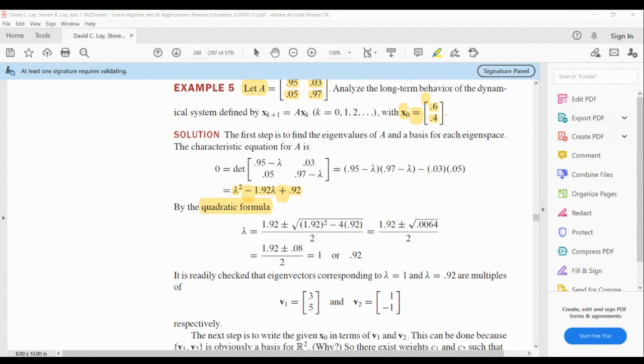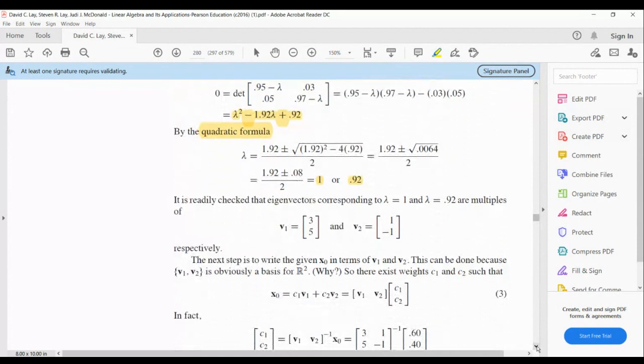Okay, so, all right. They get the eigenvalues of 1 and 0.92. And then what they do is they find the corresponding eigenvectors. And you know how to find eigenvectors corresponding to eigenvalues. We did an example of that in the last class.